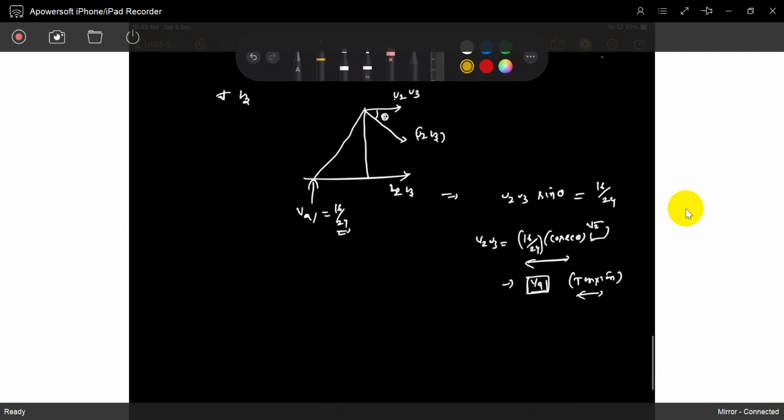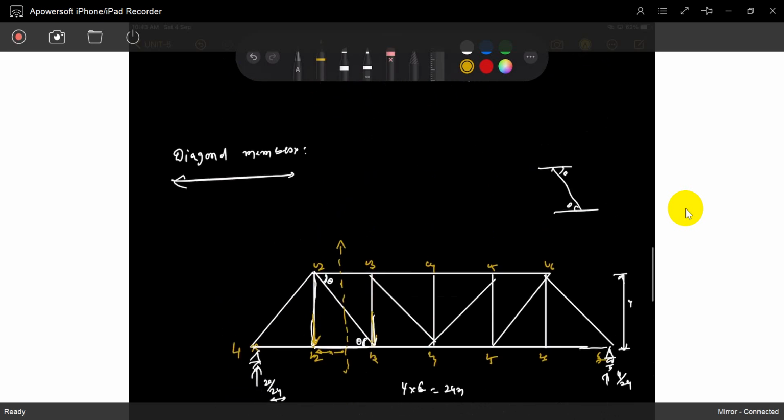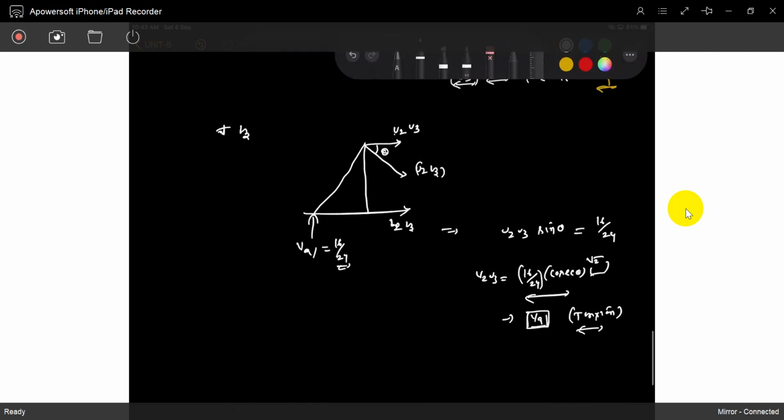If the load is changing from one position to the other position, for U2 L3, up to L2 position it's a compression. For L3 position, it's a tension. But the changes are with respect to VB and VA only. So no need to try, directly you can draw the influence line diagram.